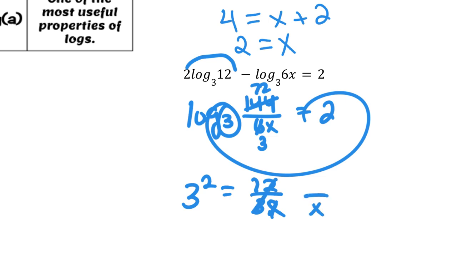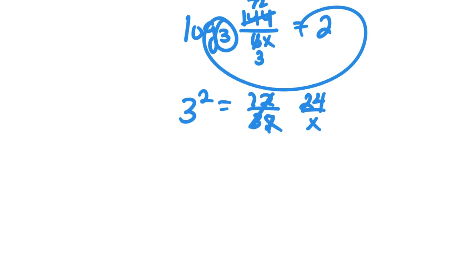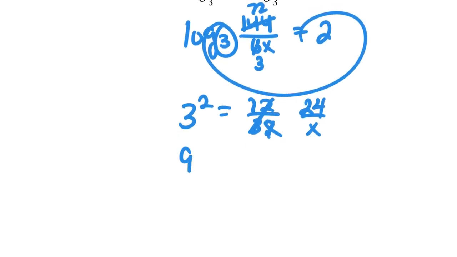So now we got x over, that'll be what? 24? I'm totally proud of you. So now we have 9 equals 24 over x. I would have gone ahead and moved the x, but I wanted to. Now what? Now what?